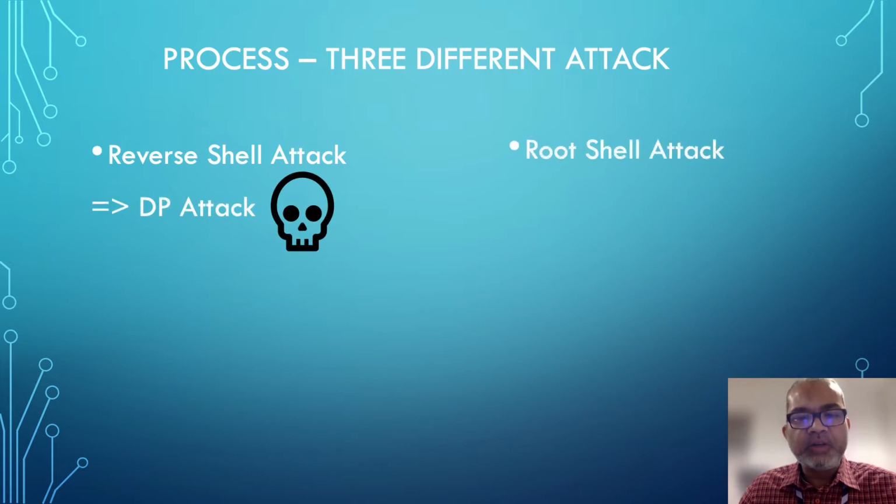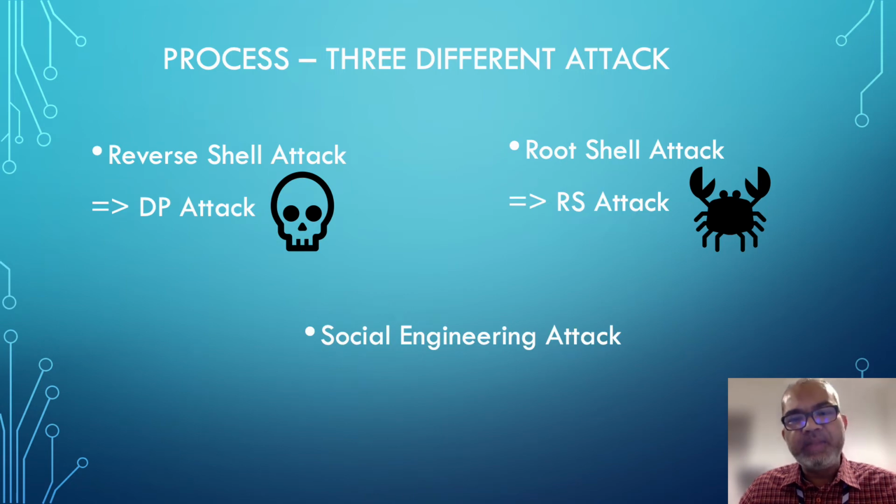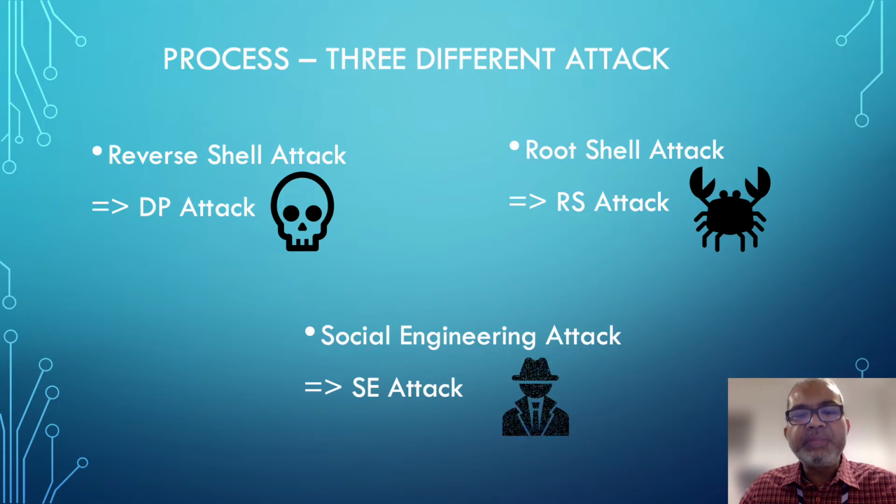The next attack is called the root shell attack, in short RS attack, and the logo is like a big crab. Lastly, the social engineering attack, in short I named it the AC attack, and the agent picture is the logo for the spell. I'm going to present each confrontation in detail subsequently.